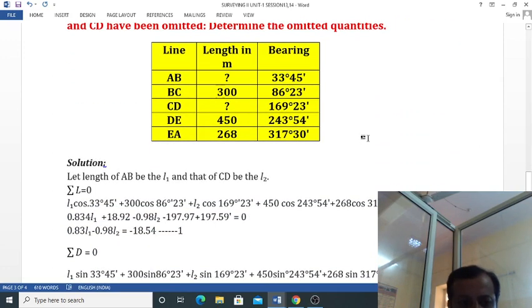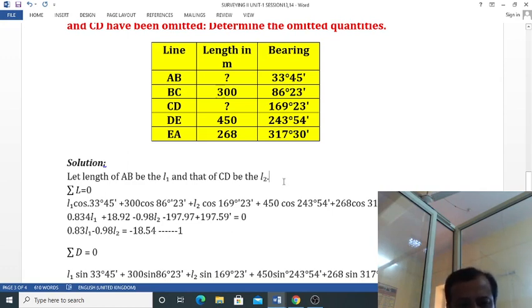Now, coming to the solution. Whatever the two lengths which are omitted, which we have to find, let us take those two lengths as L1 and L2. That is, let the length AB be L1 and CD be L2.